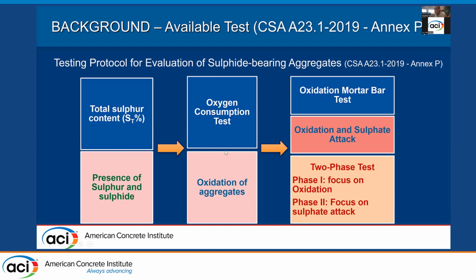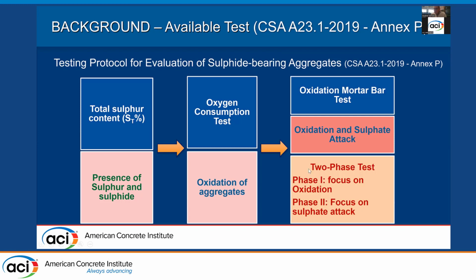Number 2 focuses on the first mechanism of the reaction, which is oxidation. So we have raw aggregate exposed to oxygen, and we see how much oxygen that aggregate can consume. If the aggregate has a high potential for oxidation, it will consume more oxygen and vice versa.